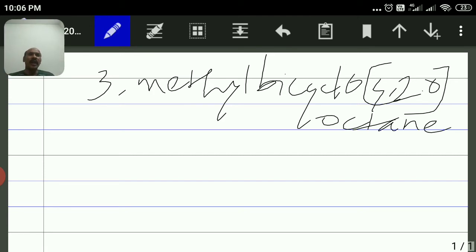So while writing the structure, you have to first identify the type of compound whose name is given.